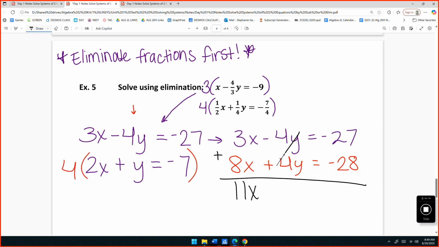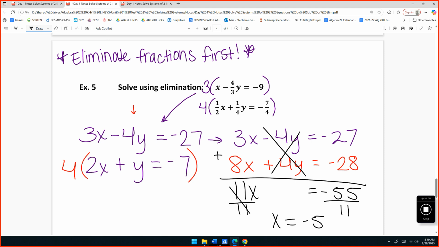Here's my zero pair, my y's are eliminated. And -27 plus -28 is -55. Now I divide by 11 to get x, and x is -5.